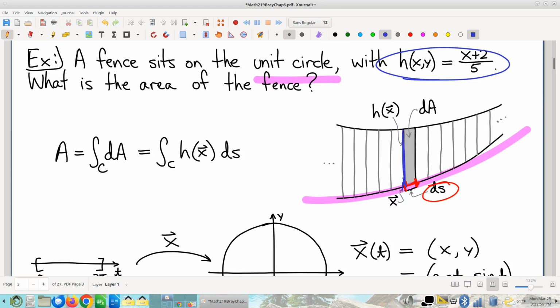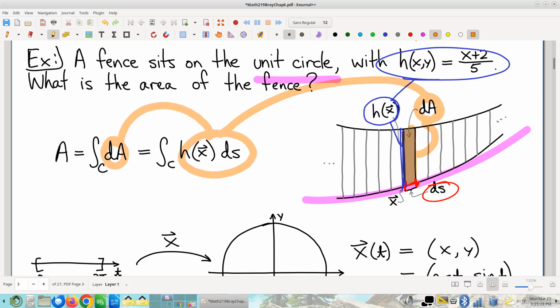The height is given by this expression right here, and so that means that for this little piece of curve, the amount of area on the fence associated to this piece of curve is, well, height times length, right? Not much of a surprise there. Height times length gives me area.